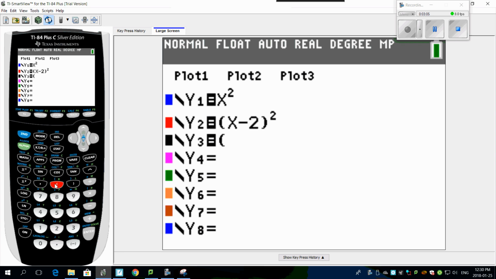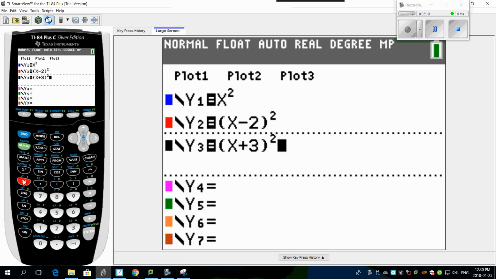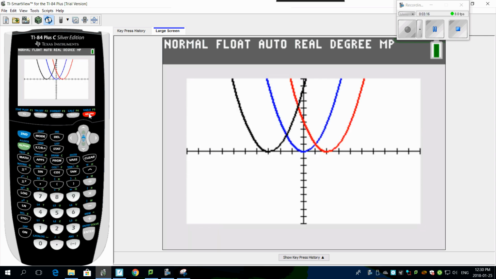Bracket, of course, x plus 3 bracket, and now let's square it, and let's see what happens. Ready? We're predicting it's going to be 3 to the left. And sure enough, it is 3 to the left. Look, 1, 2, 3.